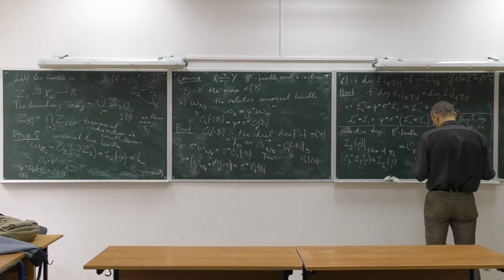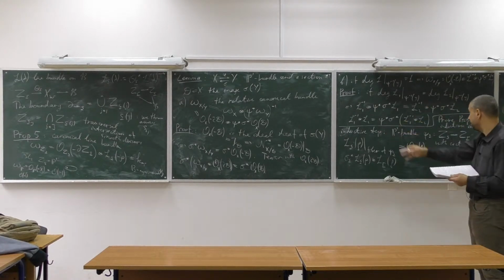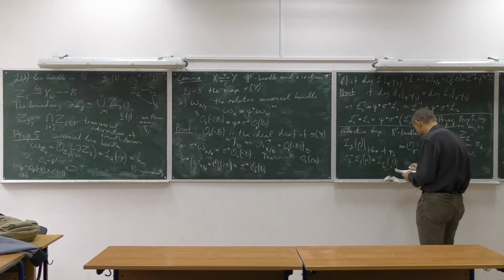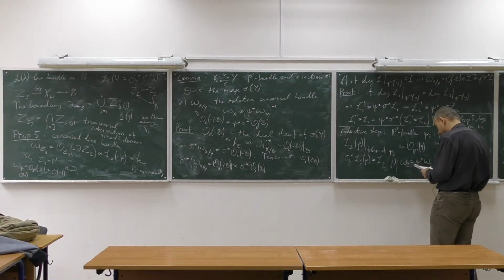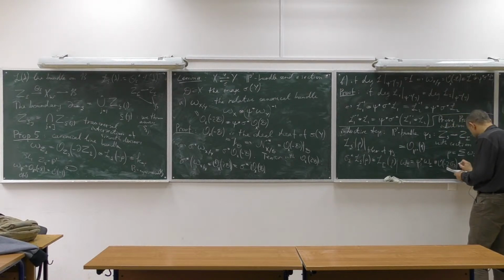Then, just applying this lemma, we have that omega s is the pullback of omega r tensor O of negative twice the section tensor sigma s composition with psi s, O of sigma s.